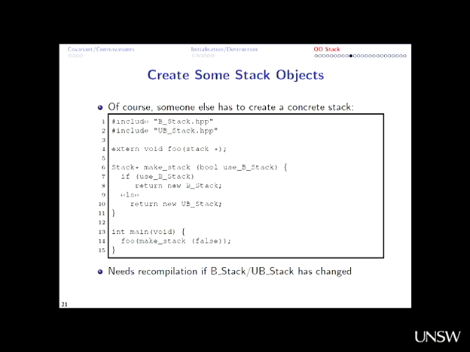So again, assignment 3, quite a lot of people forgot the header guards. This is a very good example of why you need them. Without the header guards, I'm redefining that stack, because the stack.hpp file is being included in bstack.hpp and ubstack.hpp.